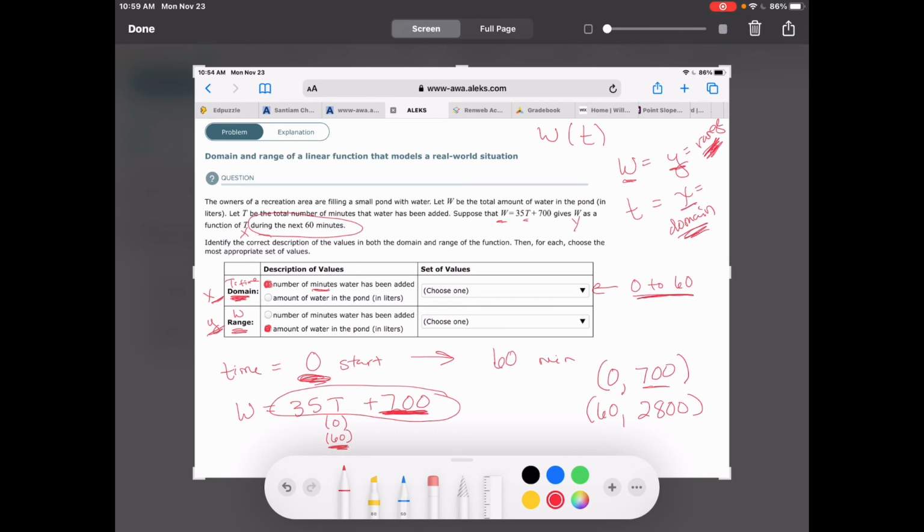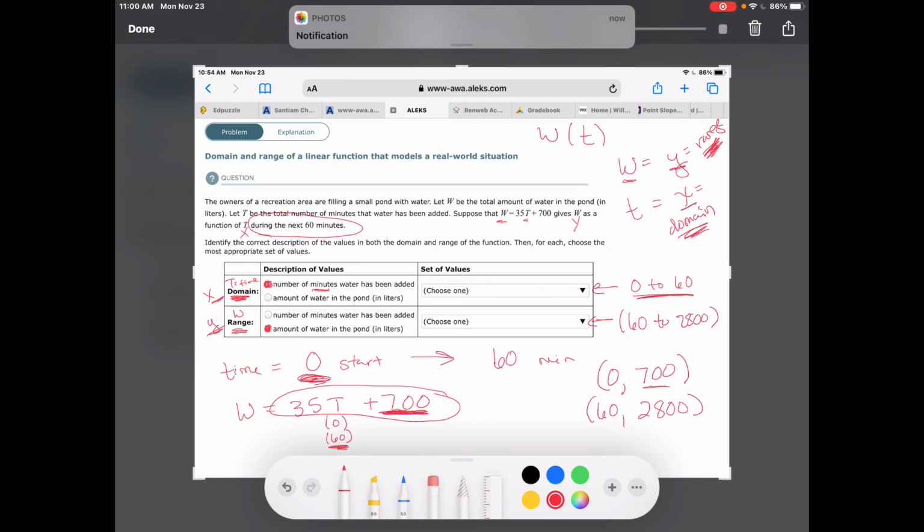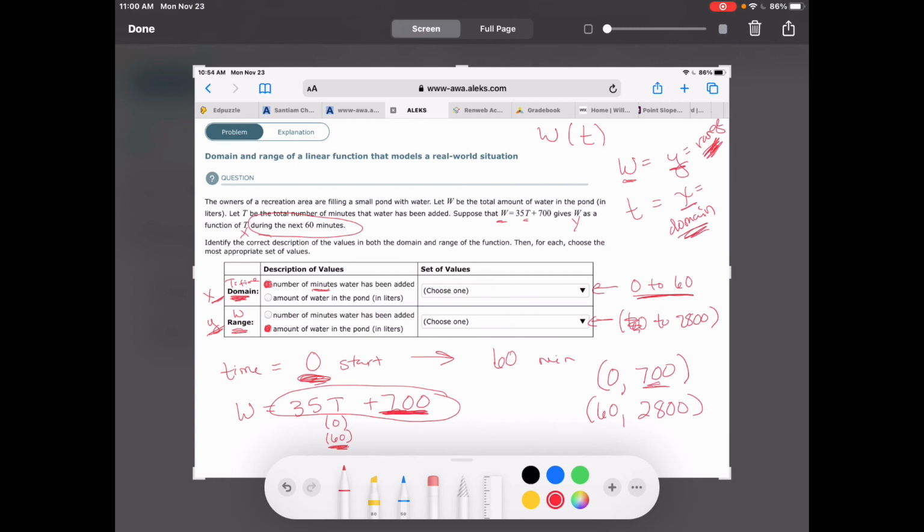So somewhere in the drop-down menu right here, you're going to get 700 to 2,800, because that in reality is the amount of water in liters that we're going to have across the time span. Oh, whoops, I said 60. Sorry, that's silly. 700 is what we wanted. 700 to 2,800. See, I caught myself because while I was talking, I was thinking, is that the realistic amount in this situation?